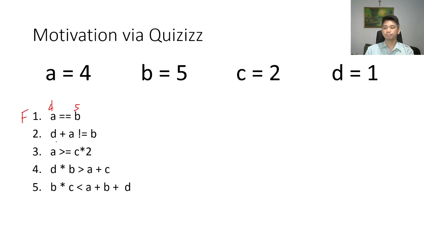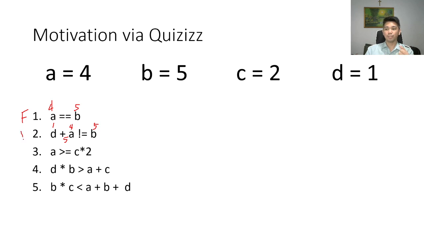For number 2, D plus A is not equal to B. The value of D is 1, the value of A is 4, so this is 5. B is 5. We are asking if 5 is not equal to 5, but they are equal.